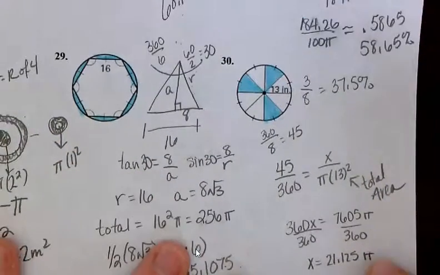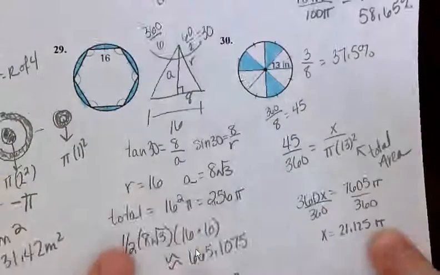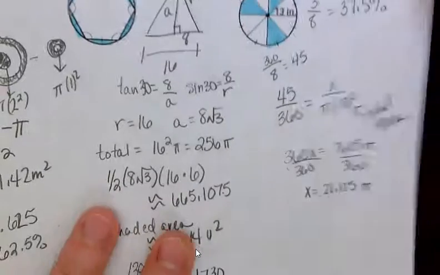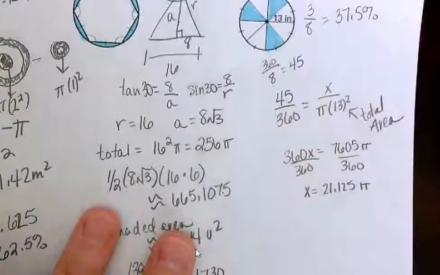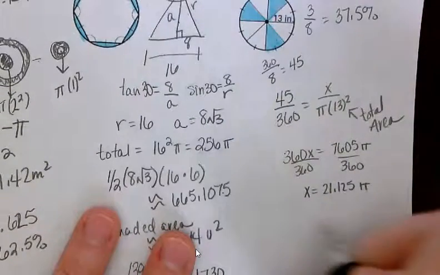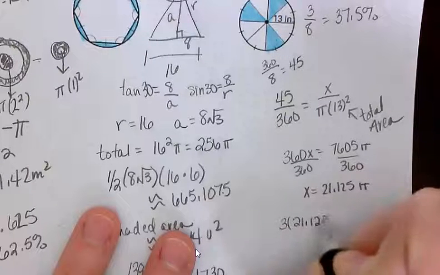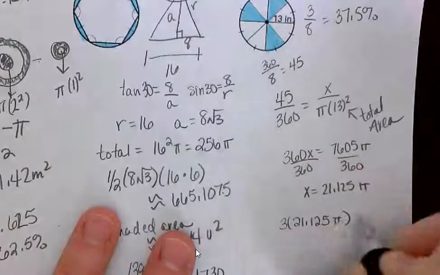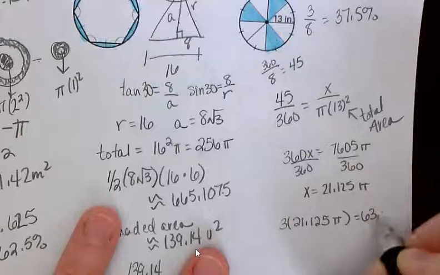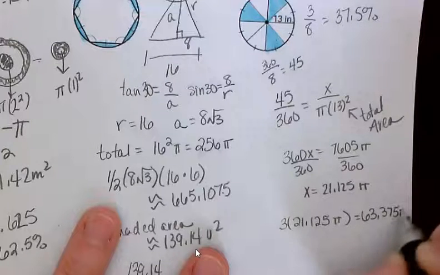So if I take that and multiply it by 3, so 3 times 21.125 pi equals out to be 63.375 pi.